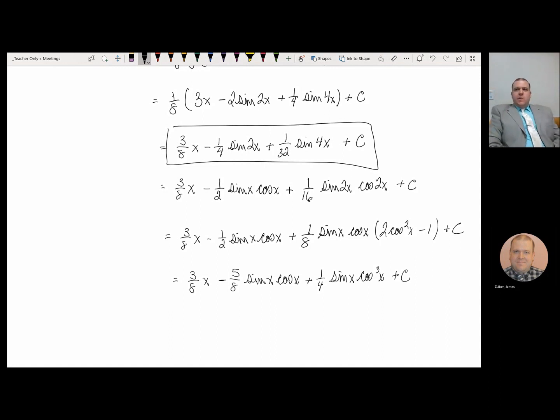So that would be simplified. That might be what you see in the back of the book.